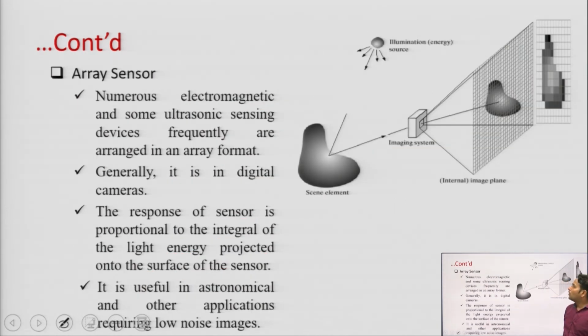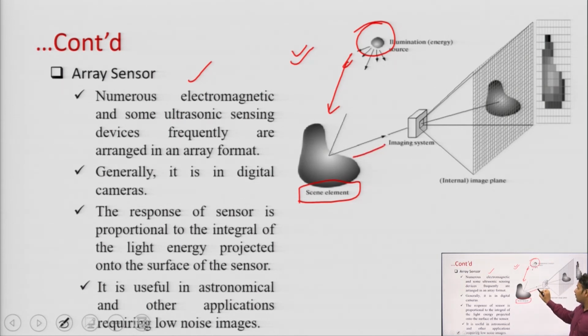After that, if you talk about another kind of sensor, that is called the array sensor, then you may observe this by using this diagram. See, that is your element by which you are observing. So, illumination energy is this one. The source actually provides the energy here.